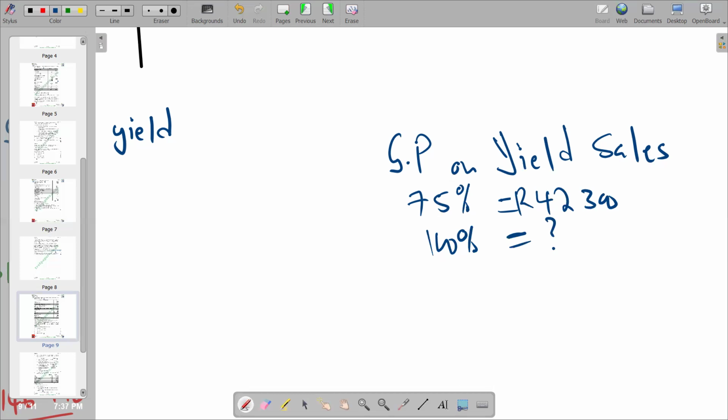So basically, the calculation is 100 times 42,300 divided by 75. So you calculate it like that, you see that the answer that you are supposed to get is 56,400.